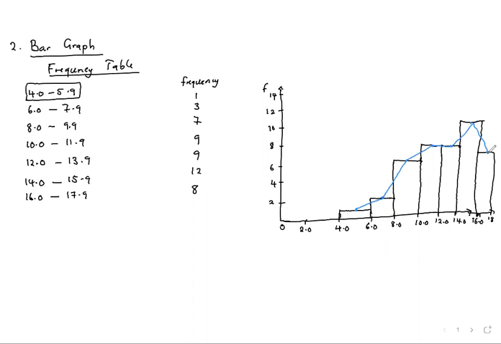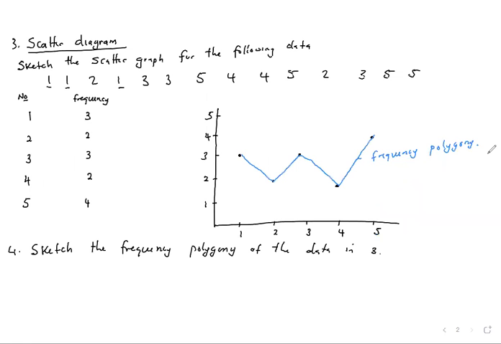Then on the same data, this data here, we can as well choose to find what we call the pie chart of the data given above, of the data in 3.